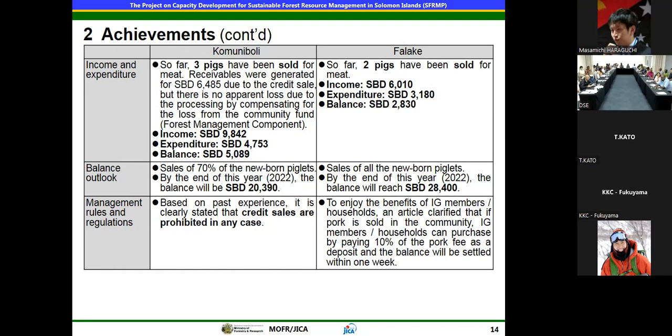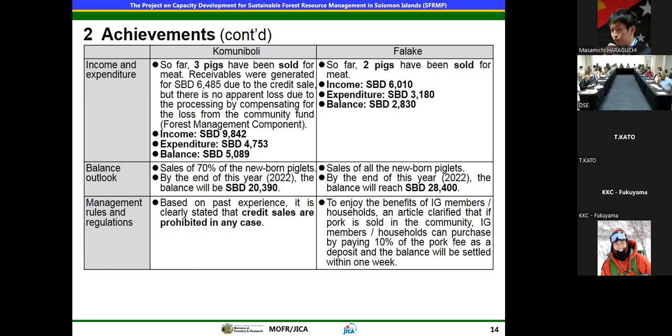So mainly it was credited, otherwise forest management paid back the credit on behalf of those creditors. So there is the income, expenditure and balance for Komuniboli as well as for Falake. 2 pigs have been sold so far for meat as well, and there is the income, expenditure, and balance.